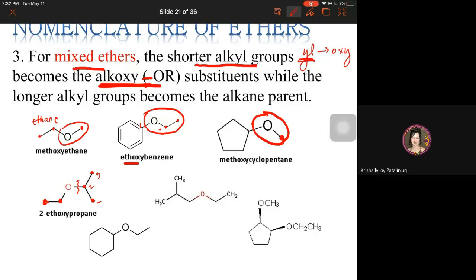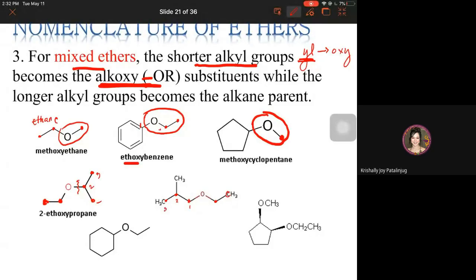Okay? Next. Again, compare which has more carbons in the R group. Okay, 1, 2, 3. Propane. Propane again here, wherein the substituents, this is carbon 1, 2, 3.